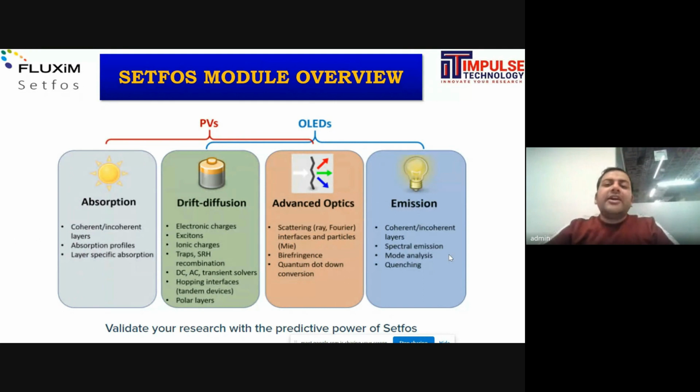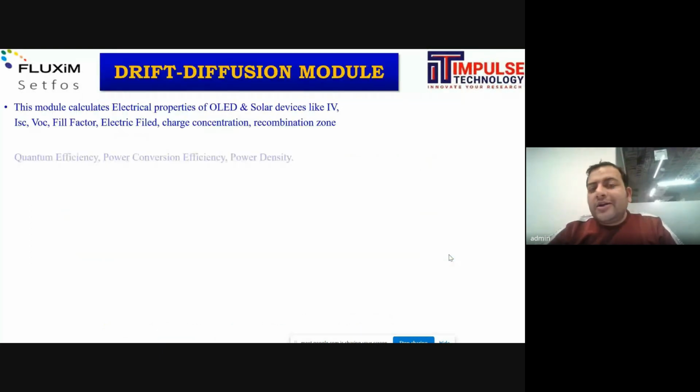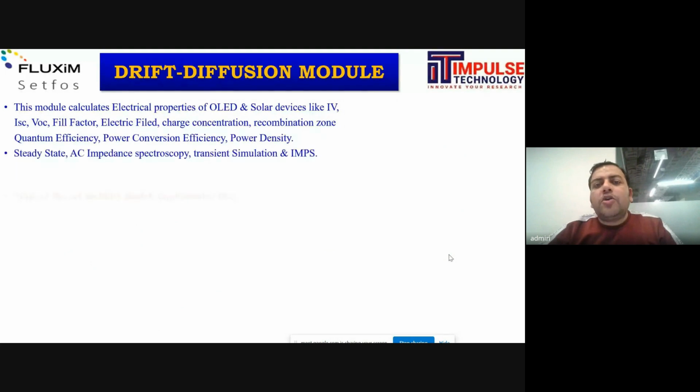So this software is divided into modules. Now let me discuss each module and what the major function of the module is. If we talk about the electrical property calculation module, that is called drift diffusion. This will calculate the electrical properties of solar cells and LEDs.